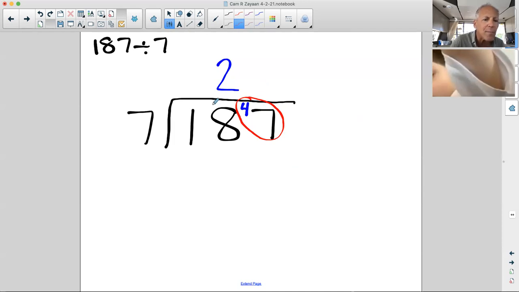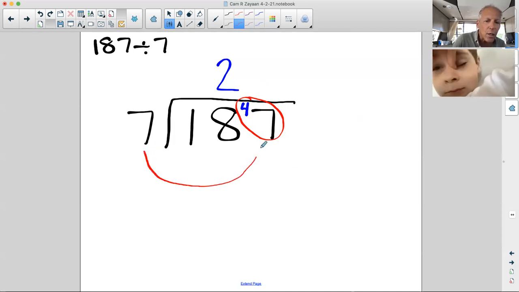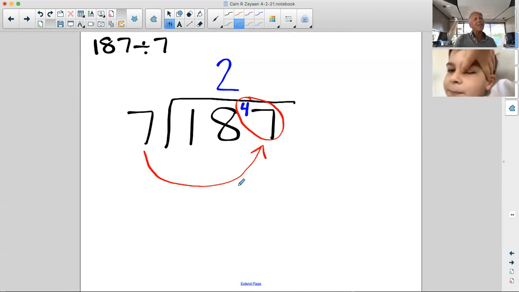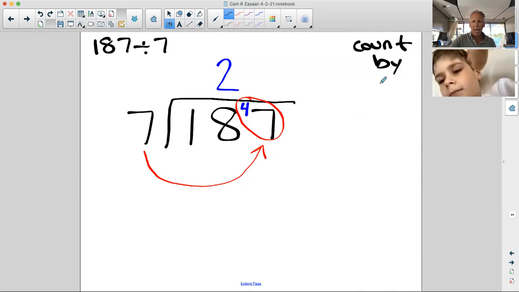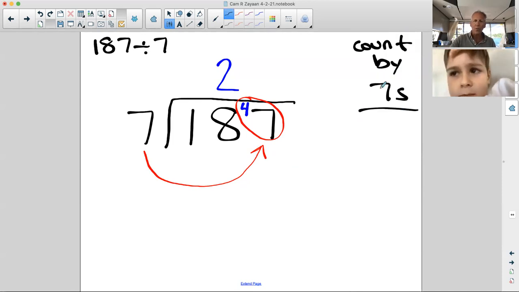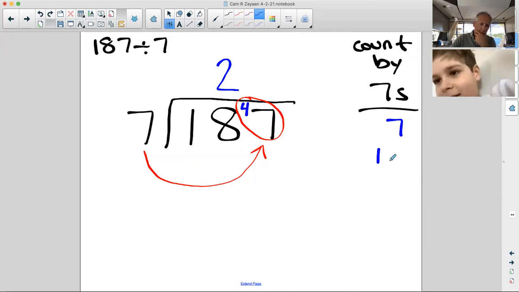How many times does 7 divide into 47? Do you want to count by 7s with me? Let's count by 7s. 1, 2, 3, go. 7. Come on, you can do this. 14.